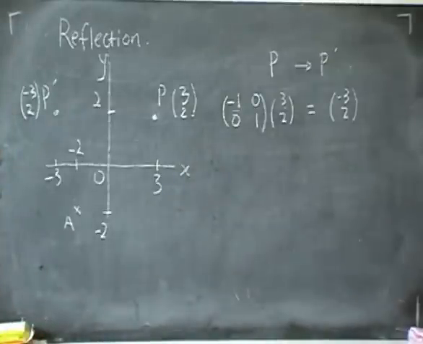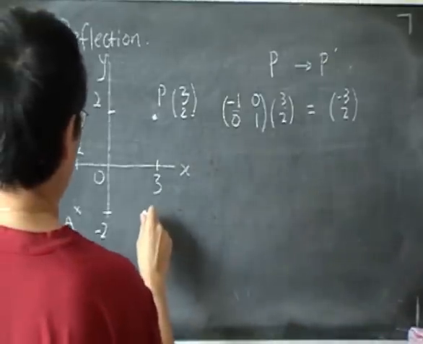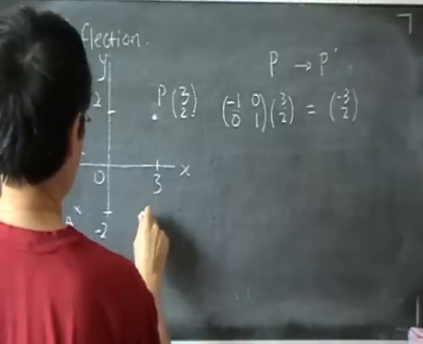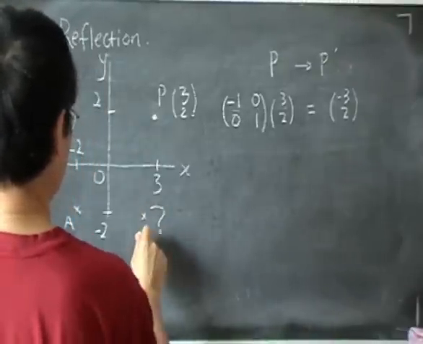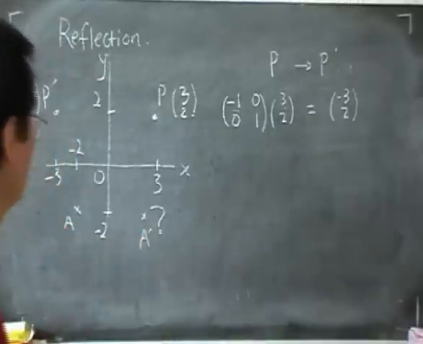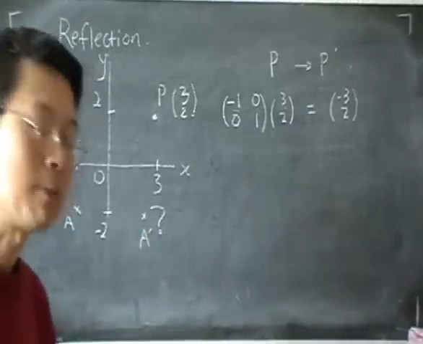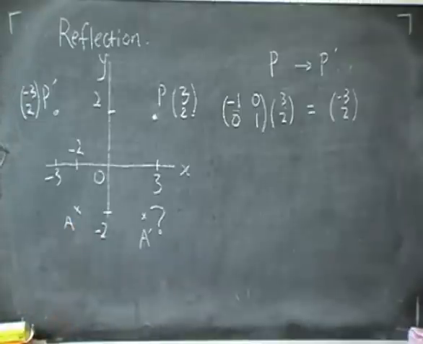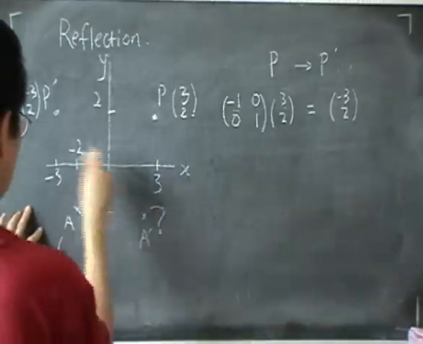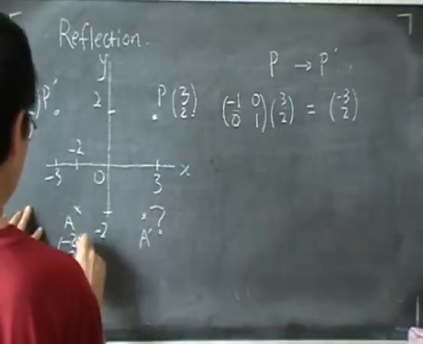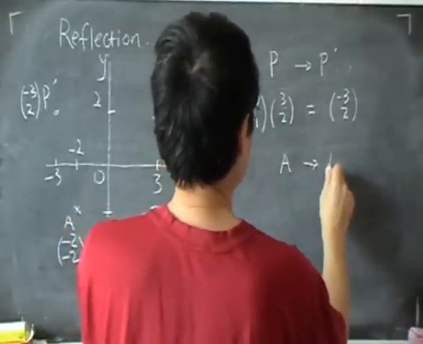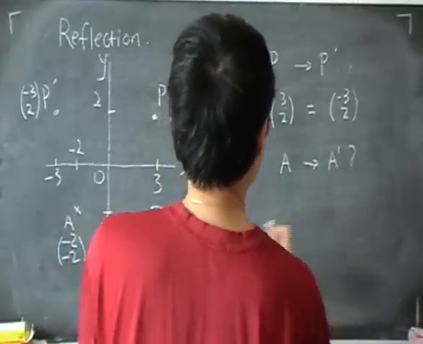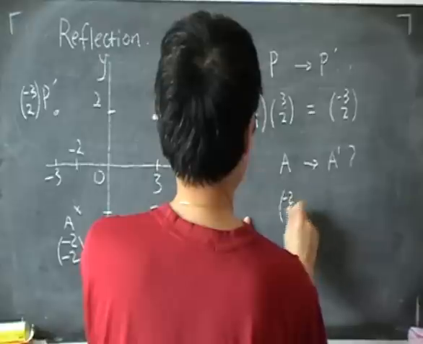Okay, and we want to find where the image of this A, I'll call that A prime, is. So let's start with the coordinate of A, which should be -2, -2. So from A, I want to find the coordinates for A prime. And A would be -2, -2.